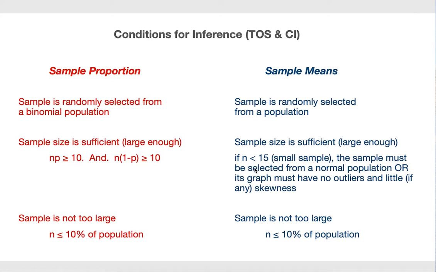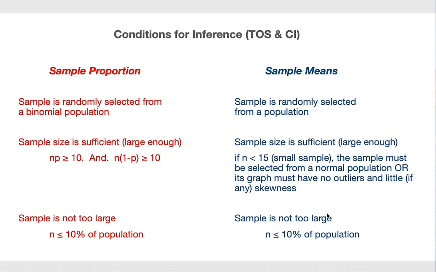And the way we did that is we looked at small samples where there were less than 15 items in the sample. The sample must be selected from a normal population, or the graph, and we'd make a modified box plot for this, must have no outliers and little, if any, skewness. And then, of course, the sample is not too large.